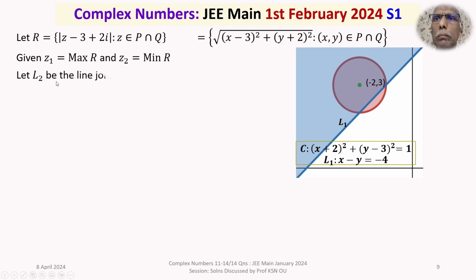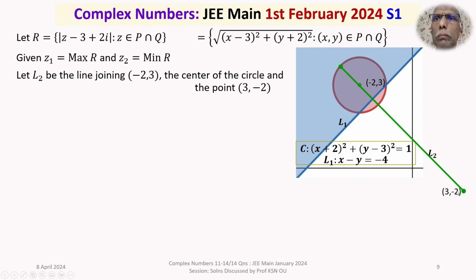So let L2 be the line joining minus 2 comma 3, that is the center of the circle, and the point 3 comma minus 2. So 3 comma minus 2 is somewhere here. This is L2, joining the center of the circle and intersecting the circle at this point.